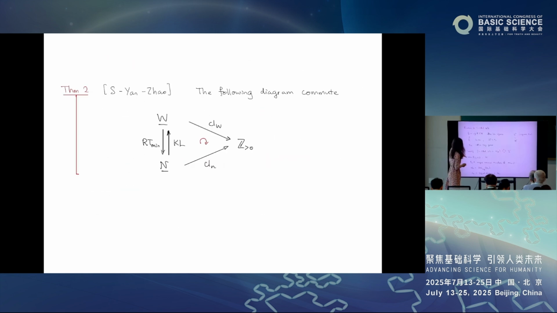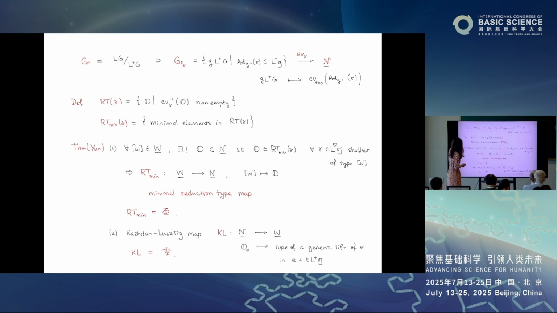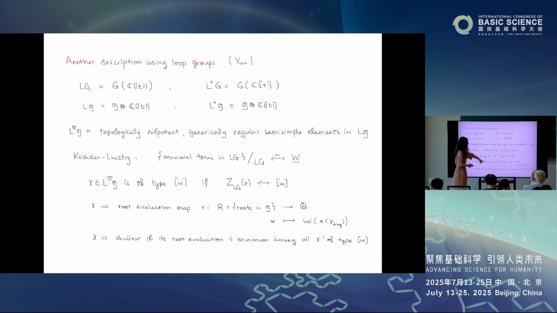You try to control this minimal root valuation using the cyclotomic number produced by the Kazhdan-Lusztig map.